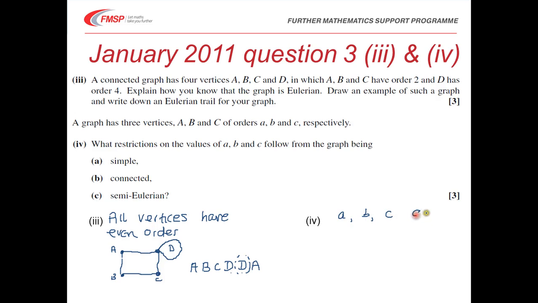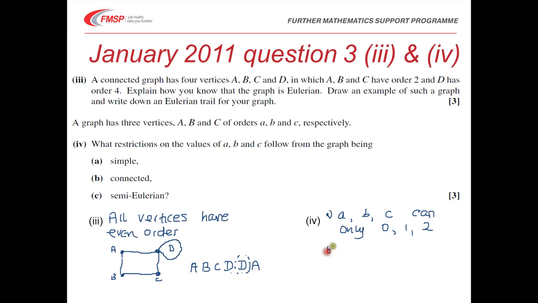So a, b, and c can only have order 0, 1, or 2. They can't be connected to more than 2 others. We don't know that it's connected, so it is possible that they have order 0. So that is part A.